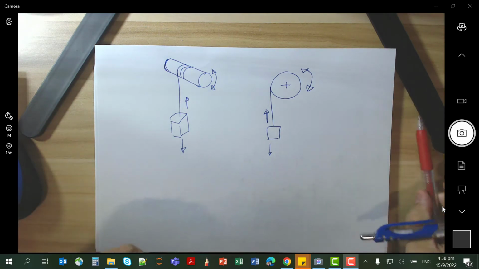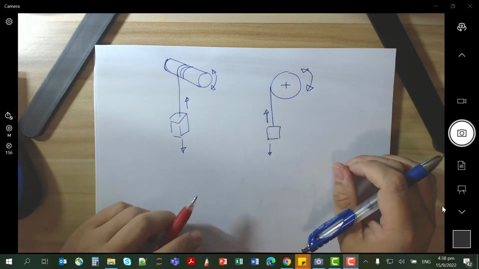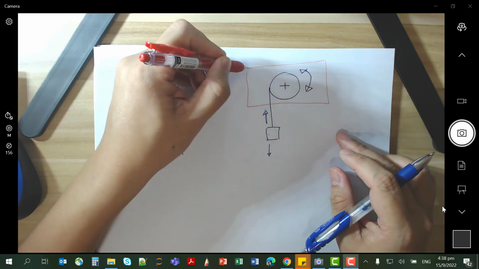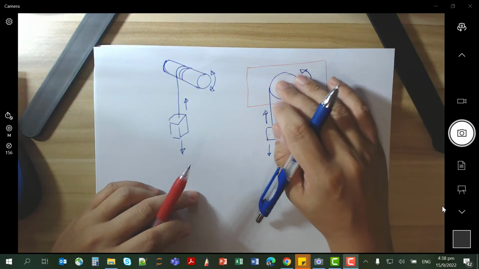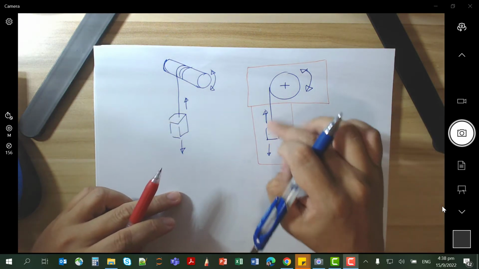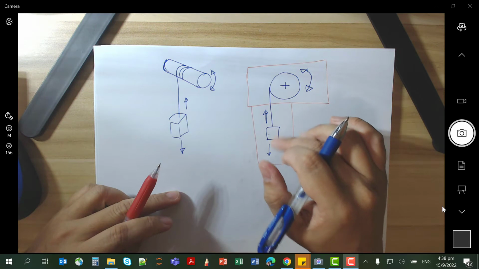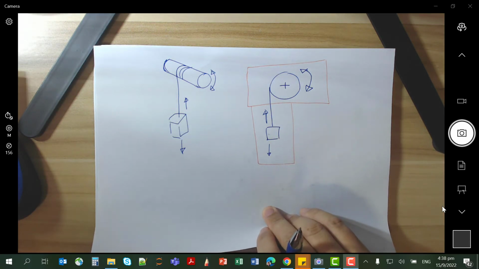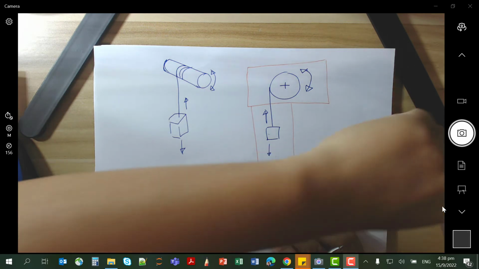What we do is break this system up into two. The first part is the rotating component. The second part is the moving up and down part, which is the linear component. By splitting them up, you can solve the equations respectively.